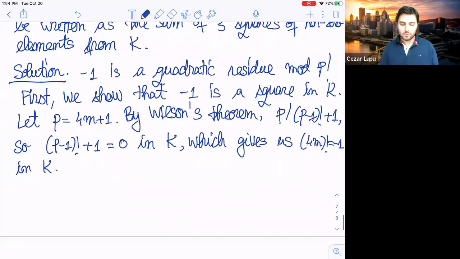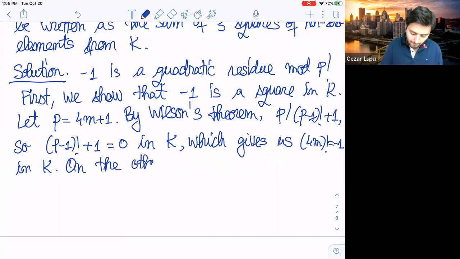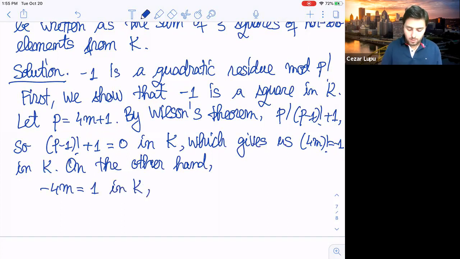All right, great. But on the other hand, let's look at each element from this factorial. So we have 4m factorial. We know that 4m is negative 1 in K. What else? 2 will be negative (4m minus 1).